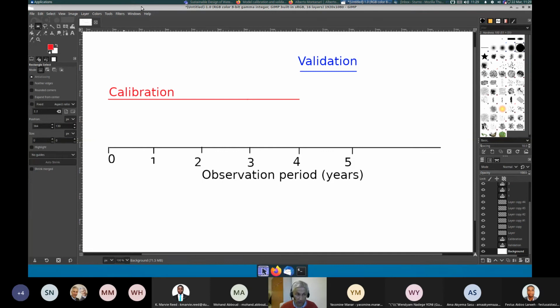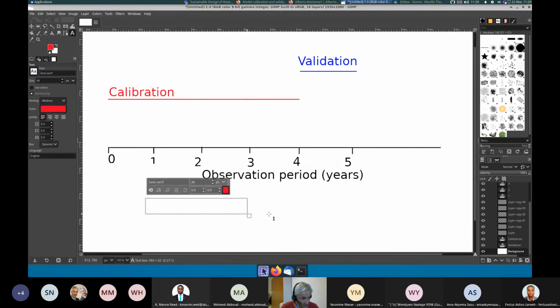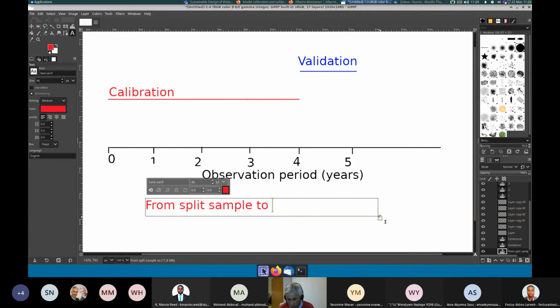So a way out is to pass, and let me write it here, from split sample to Jackknife. What is Jackknife? It's an iterative procedure.